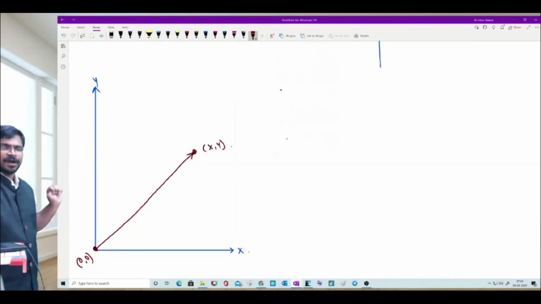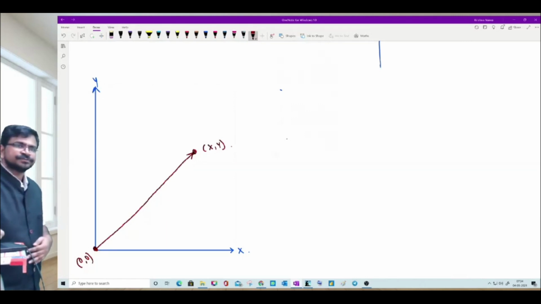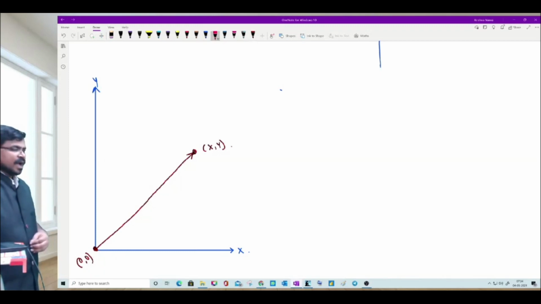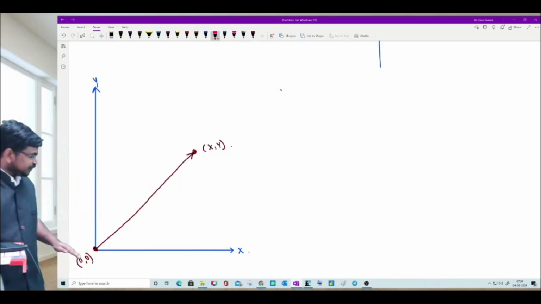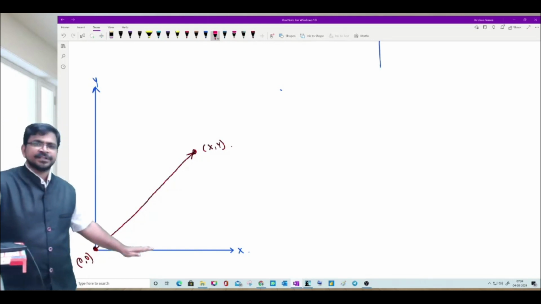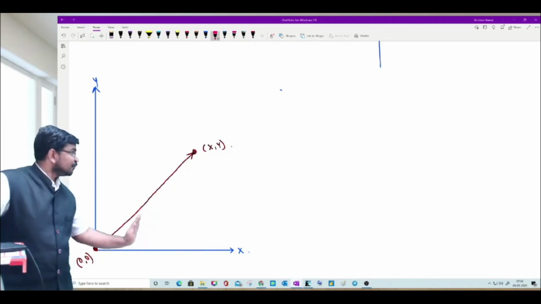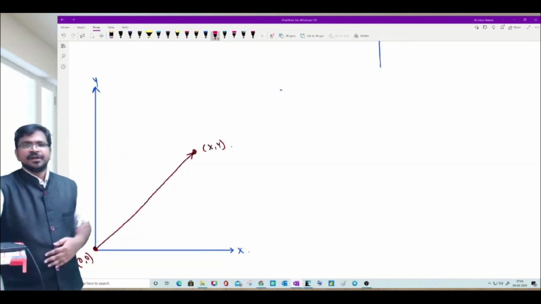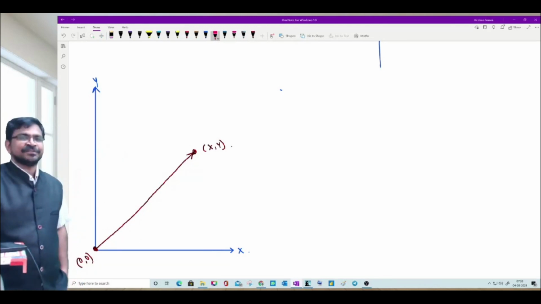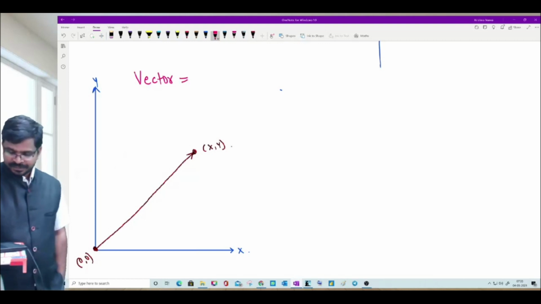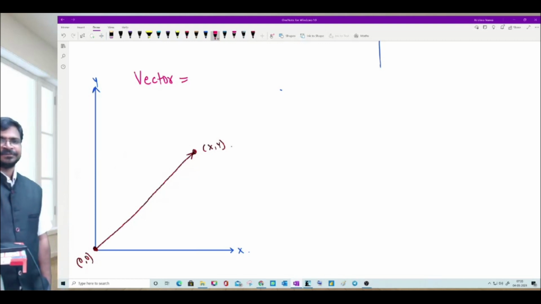Earlier, the representation was that you travel along the x-axis, x in the I direction, y in the j direction. But this representation is different. What is the vector definition? I hope you still remember yesterday's concept.